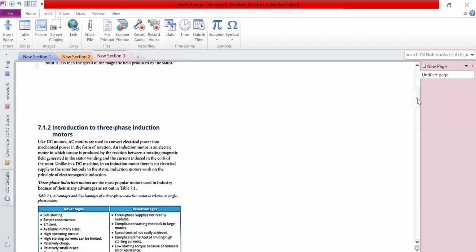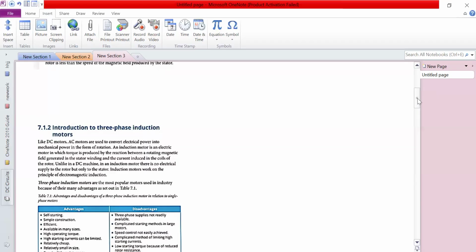In particular, we're going to start by looking at three-phase induction motors. Three-phase induction motors have a stator, which is made up of three coils, either wired as a star or a delta. We supply a three-phase current to a three-phase induction motor. Then the stator is responsible for producing the rotating magnetic flux.